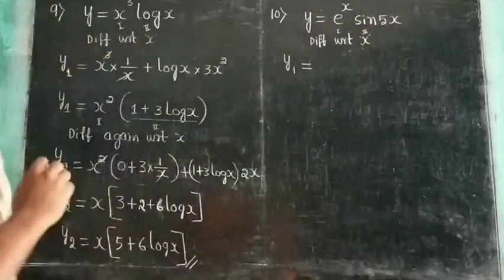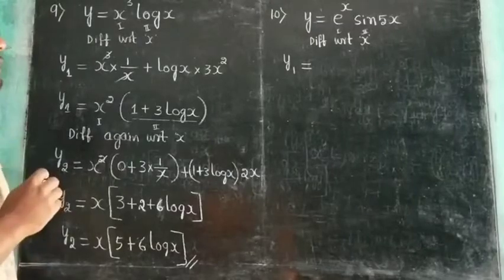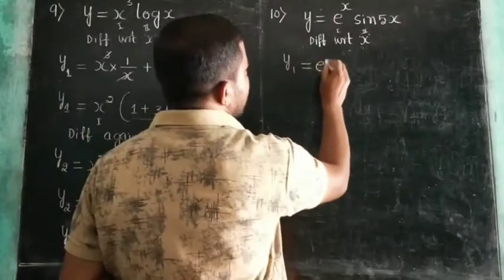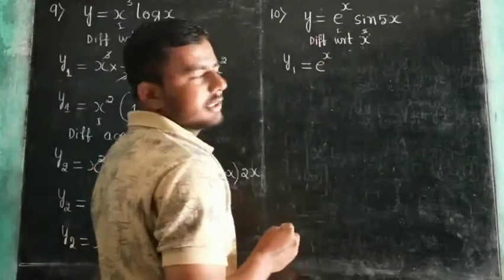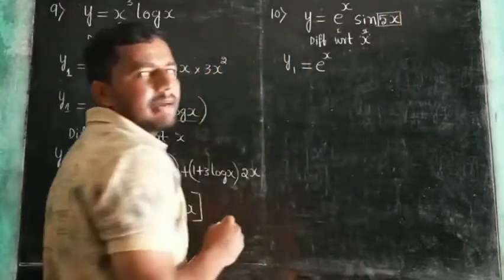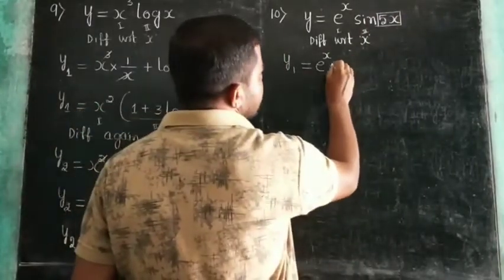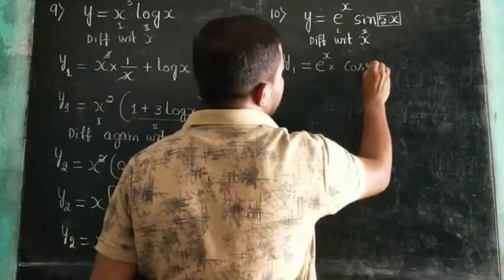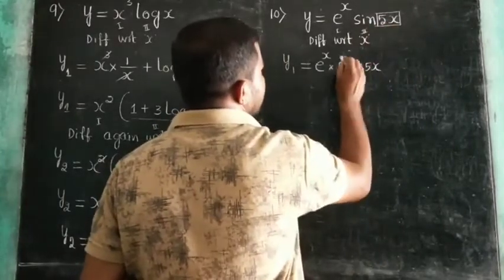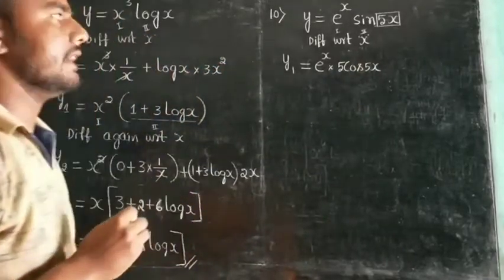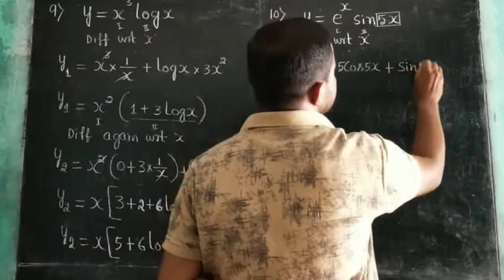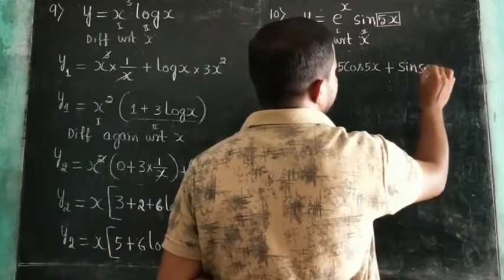Here the product of two functions is there, so by using the product rule, take first function as it is. The derivative of the second function, by using the chain rule: the derivative of sin dabba is cos dabba. Cos dabba is nothing but cos 5x, into the derivative of 5x, which is 5. So 5 cos 5x.